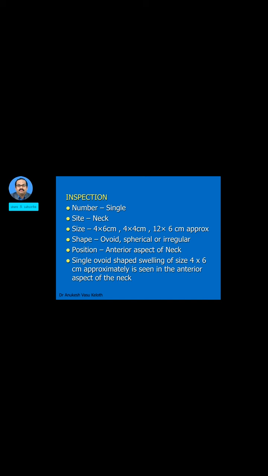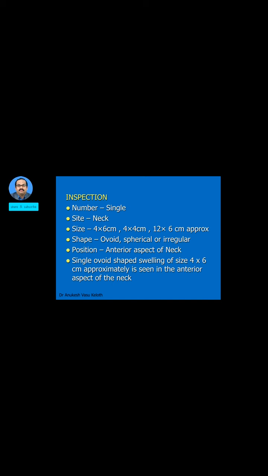And you can go for 12 into 6, 12 into 8, depending on what the actual measurement is. And I would recommend that since this is an inspection and we can't actually measure with the measuring tape, we would use the word approximate next to the size, as it is an inspection finding.